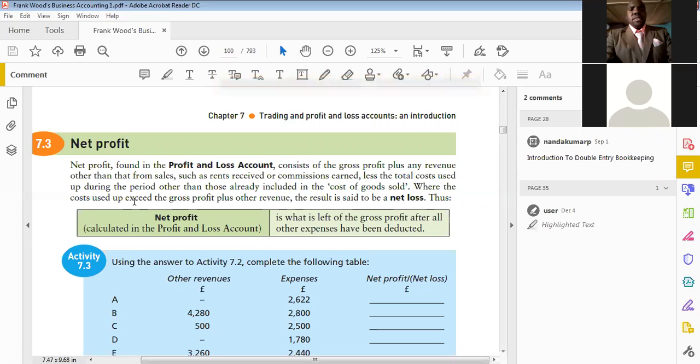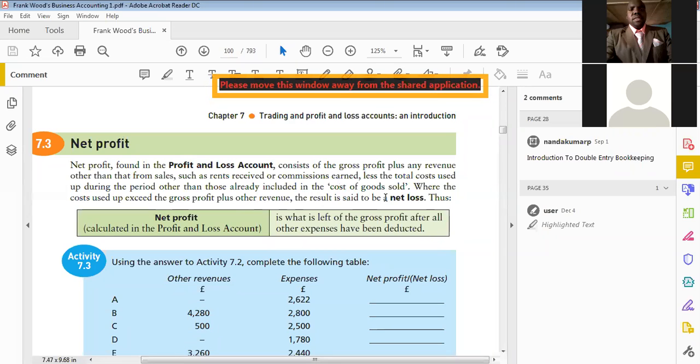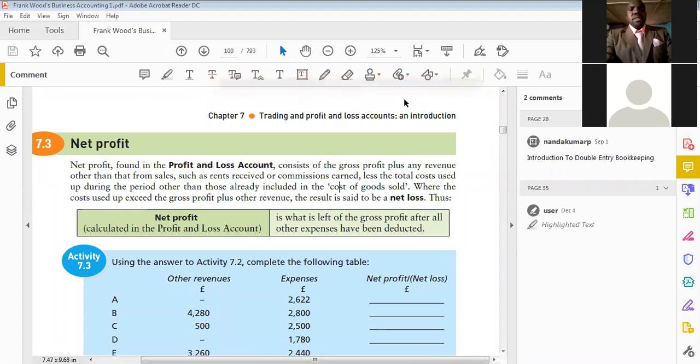Where the costs used up exceed the gross profit plus other revenue, the result is said to be a net loss. Now, you got to know this: when they talk about other costs which are not included in the cost of goods sold, they are referring to what we call expenses. So to find net profit, it is gross profit plus other revenue, if there is any, minus expenses, and that gives you net profit.